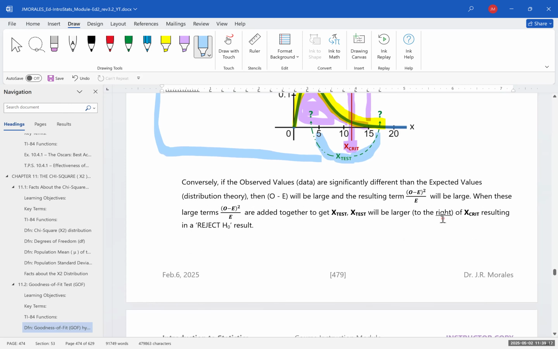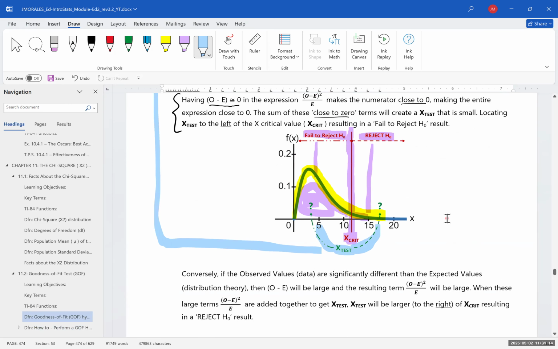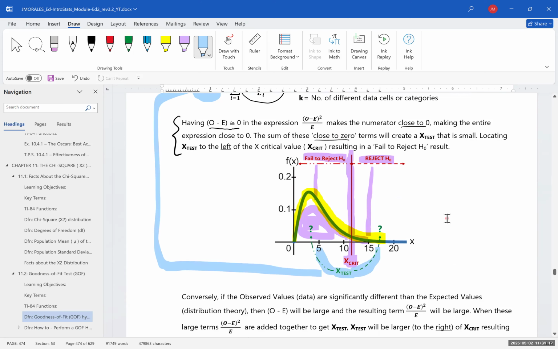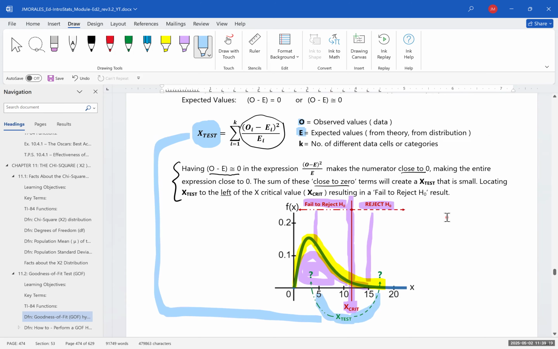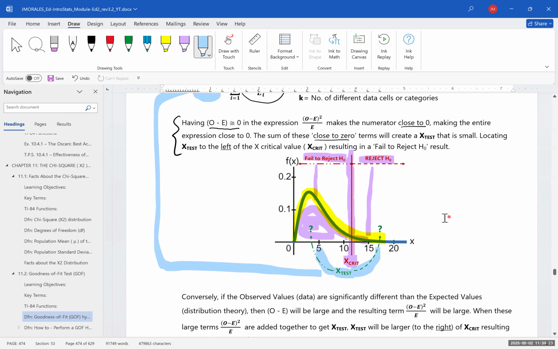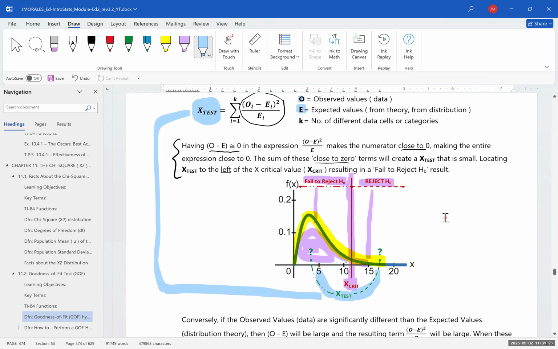I think that's enough of a heads up. The next video is actually going to show you how to do a goodness of fit test. Also as a heads up, if you're using a Texas Instruments 83 calculator, it does not have a native chi-squared goodness of fit test function in it.